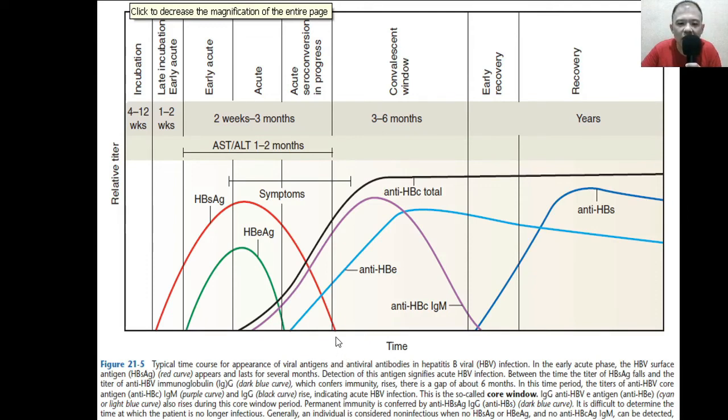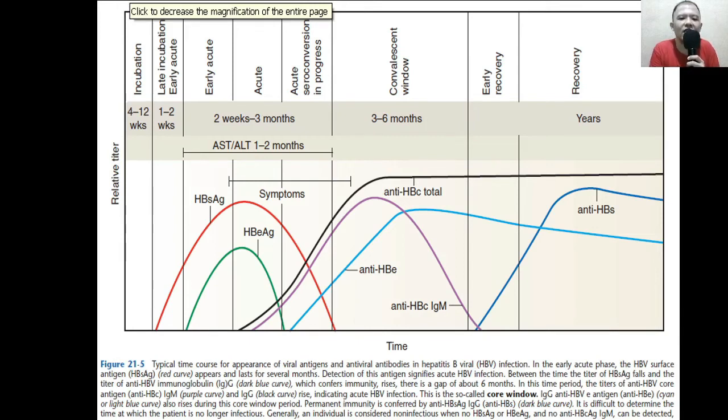This is what we term the window period, and this is very crucial. In the window period, if you don't know the history of the patient and you're just getting the hepatitis B surface antigen, you might mistake it as a negative hepatitis infection, whereas in reality we are still in the window period.